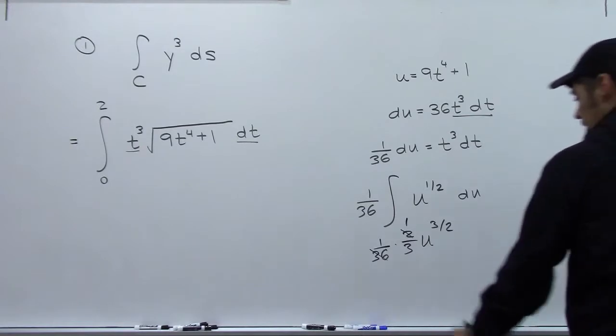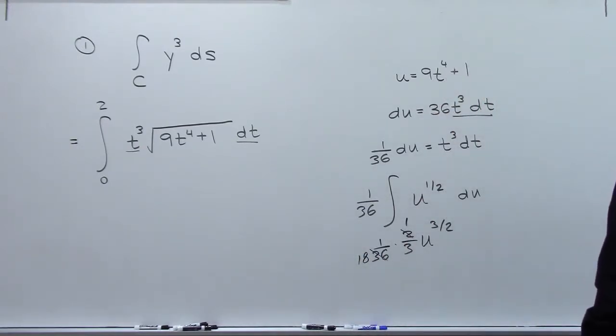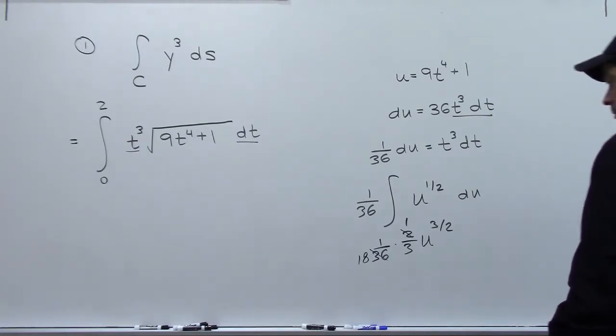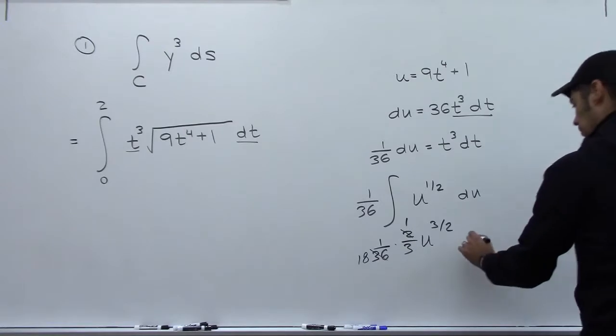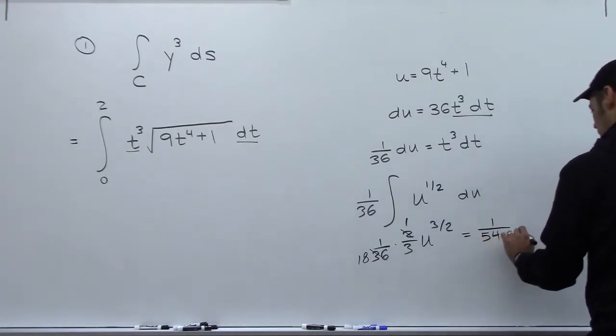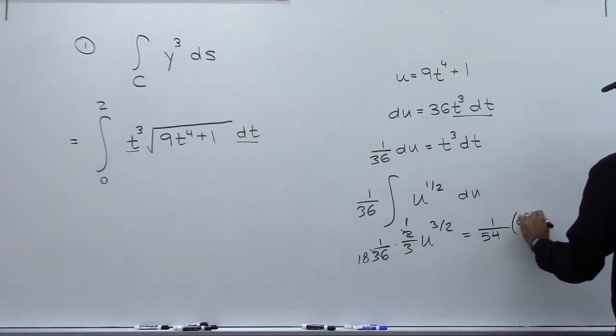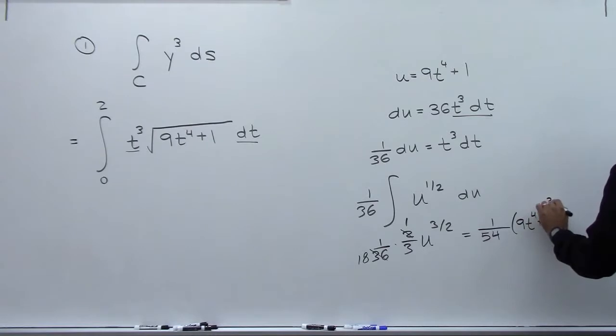What is that, 18 times? And 18 times 3 is 54. So we should have 1/54 u to the 3/2, but u was 9t to the 4th plus 1, to the 3/2.